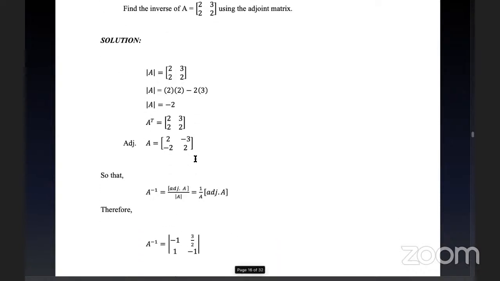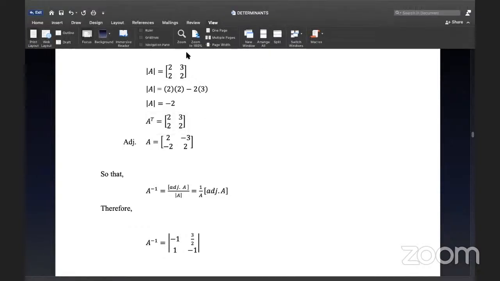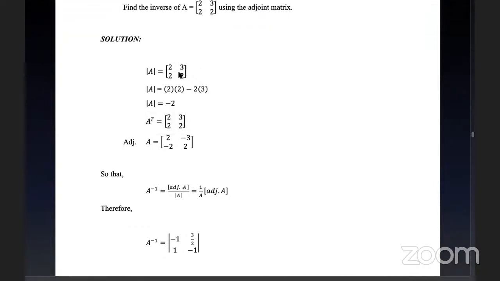So yan, standby ka lang dyan. So makukuha natin yung inverse later. Then our next step is to determine the adjoint. So firstly is to get the transpose of this given matrix. Paano yung transpose? Interchange mo lang yung rows and columns. So this row 1 will be, ayan, transpose natin. 2, 3, 2, 2. Hindi pa to yung transpose niya.